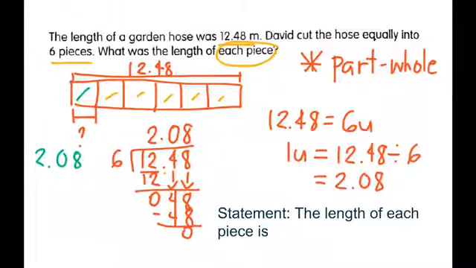So 2.08 repeated 6 times would be, let's check, 8 hundredths times 6 would be 48. 0 tenths times 6 is 0. Add 4, so we have 48. Copy the decimal point. Once we are done with the decimals, proceed to the whole number, which is 2. 2 once multiplied by 6 is 12.